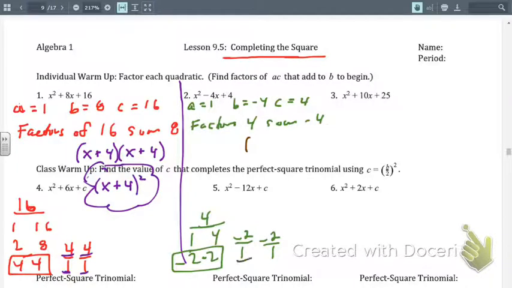So we're going to take that 1, pair it with an x, minus 2. Take that 1, pair it with an x, minus 2. Alright, and then we can rewrite this one as well as x minus 2 squared.